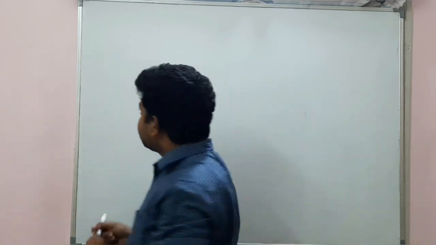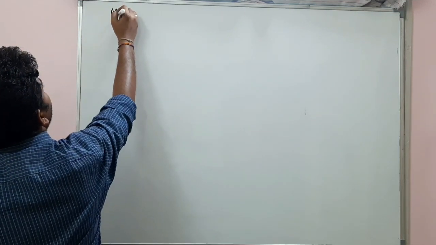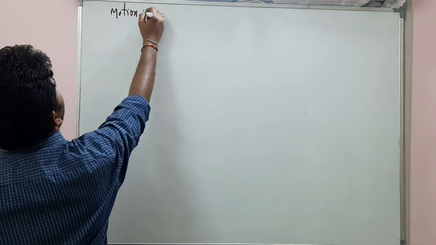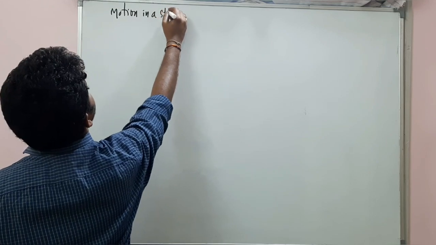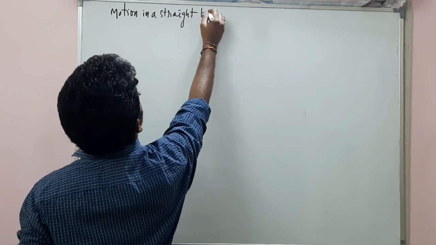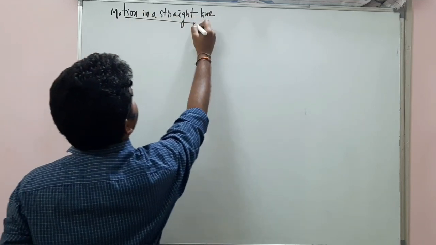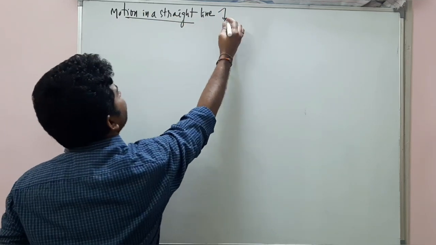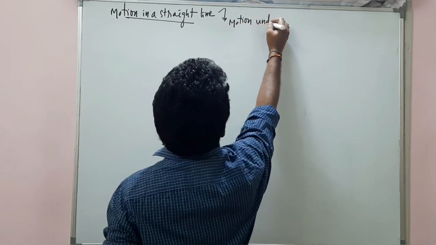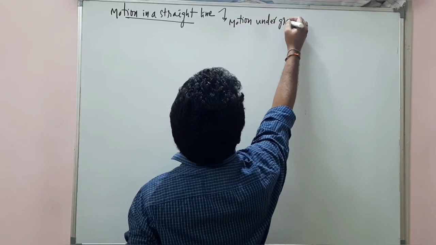Let's continue the chapter called Motion in a Straight Line. In this, we are still discussing the topic called motion under gravity.